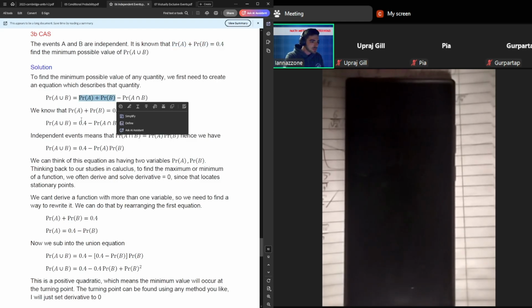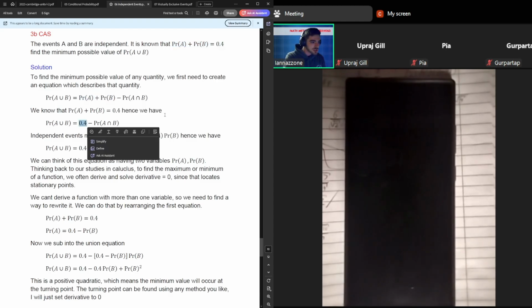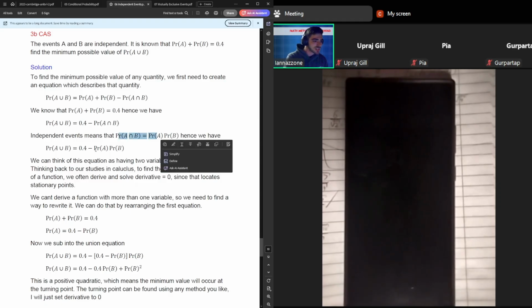So that's pretty nice. We're going to replace that term with just 0.4. That's going to get us down to a single probability in there. Although the intersection is not great necessarily to work with, so we are going to use our independent events formula or property to expand that out into the product of A and B.